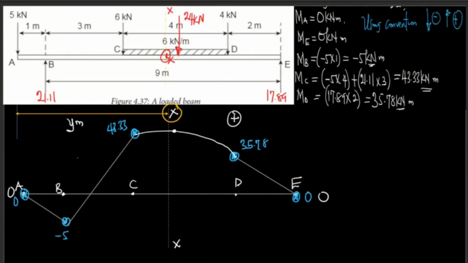No, don't use different colors. Just use pencil. The reason why I'm using different colors is because I want you guys to see a lot of details there. Only pencil is allowed, please. When you are drawing the final exam, please use only pencil.